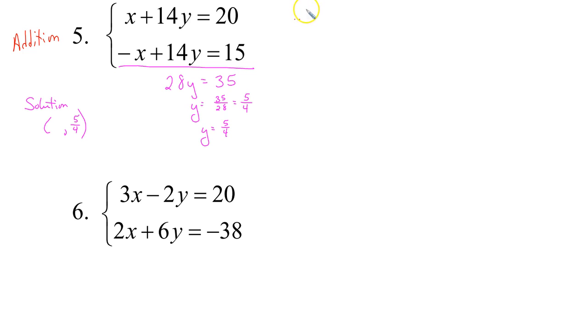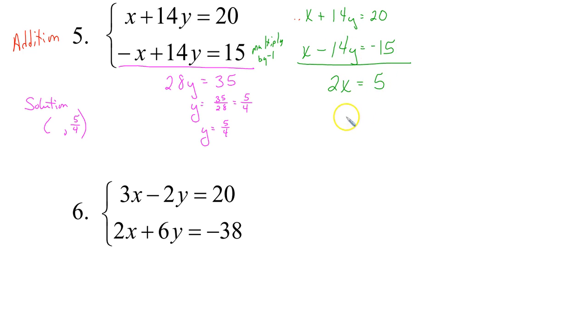So let's start by taking the first equation of x plus 14y is equal to 20. And the second equation, we're going to multiply by negative 1. That's going to give me positive x minus 14y is equal to negative 15. Now as I add these two equations together, I get 2x, 0y is equal to positive 5.